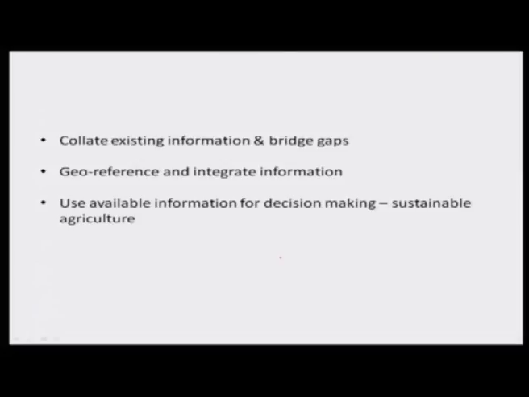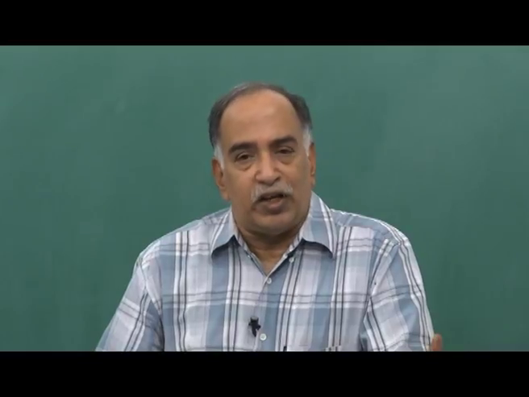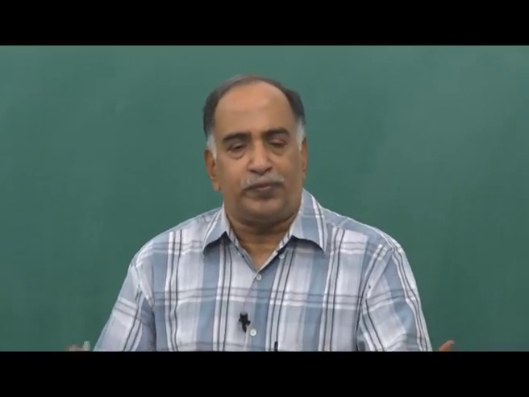How do we need it? What we were talking about is the collation of information and bridging the gap between one activity and another, then georeferencing it. Nowadays georeferencing is the only way of addressing a particular piece of information, because the physical identification or reference numbers, in terms of stones which separated one field from the other, have all been removed or taken away.